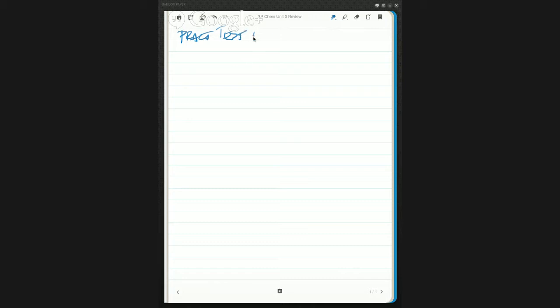Practice test, multiple choice number 5. And you have 11.6 molar. You know what, I don't like it that thick. It's much easier when the ink is narrower. Okay, M1V1 equals M2V2.